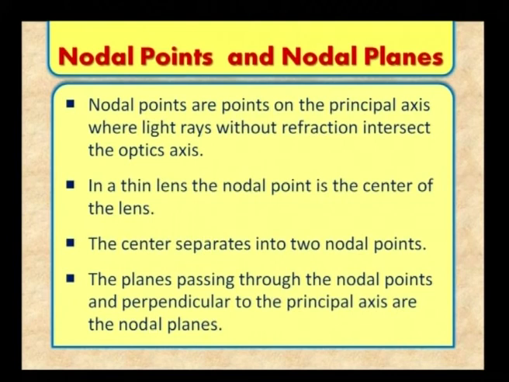The light rays pass without refraction after intersecting the optic axis. In a thin lens, the nodal point is at the center of the lens, because the lens is so thin. The planes passing through the nodal points and perpendicular to the principal axis are the nodal planes.